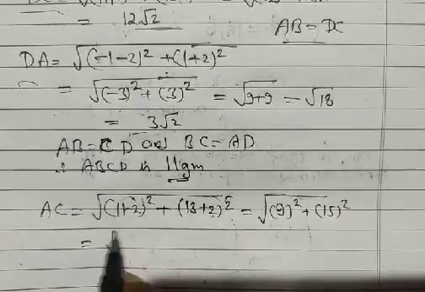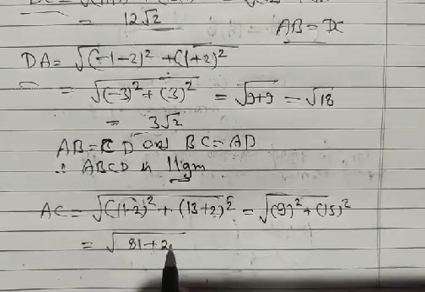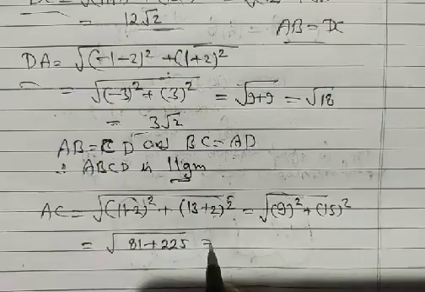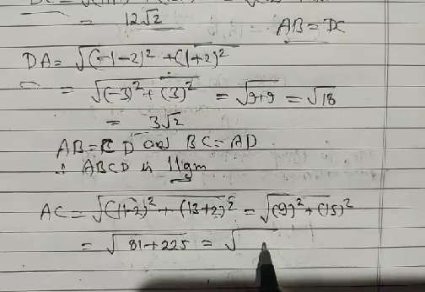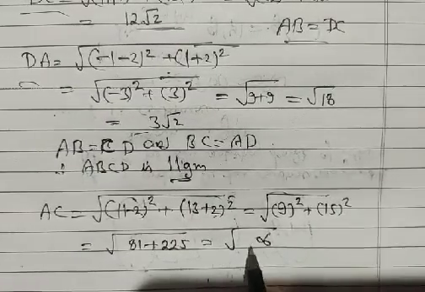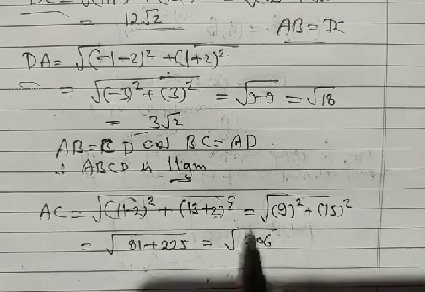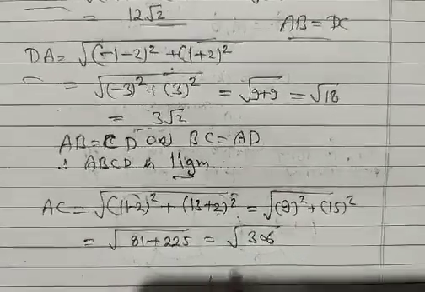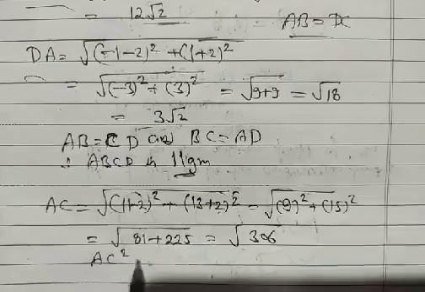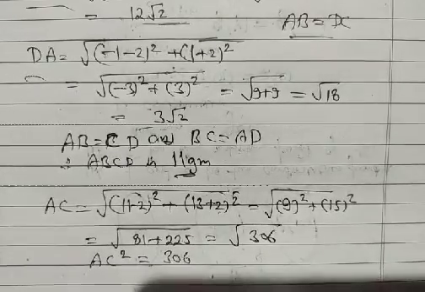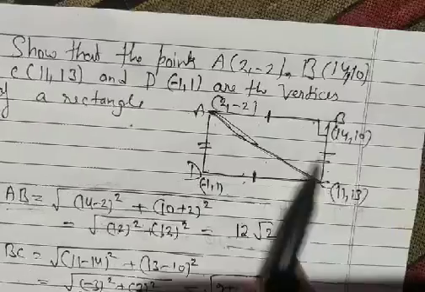Then we get 81 plus 225. Adding, it's 306. So AC square is 306.